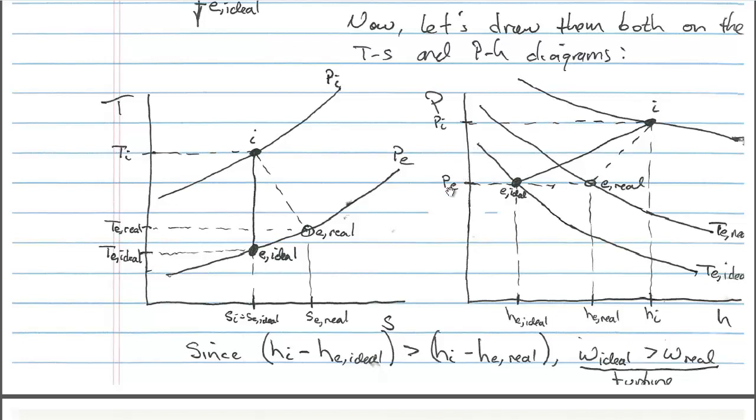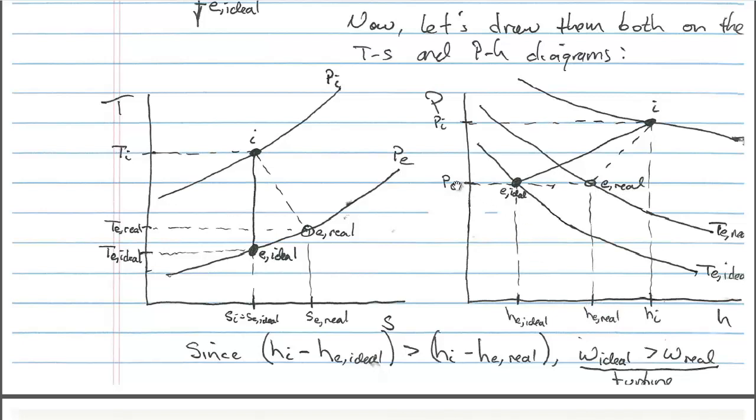We then have our exit pressure. And so where the exit pressure corresponds to the real exit temperature, that is our real exit state, E comma real. And that gives us our real exit enthalpy.